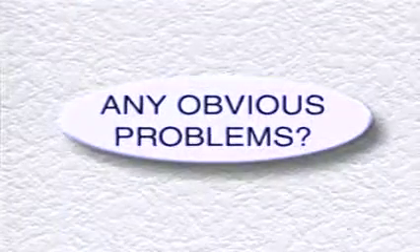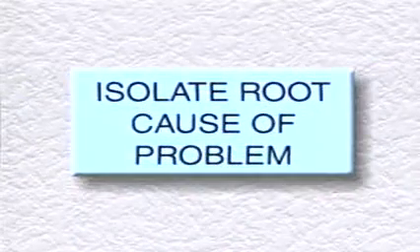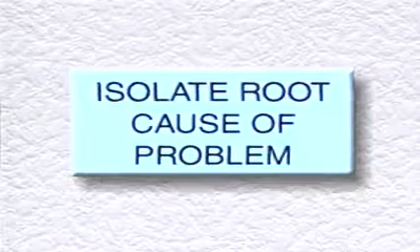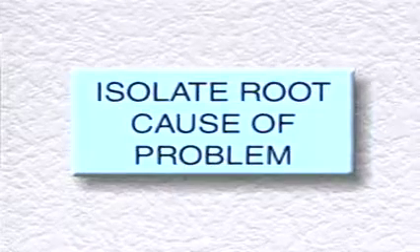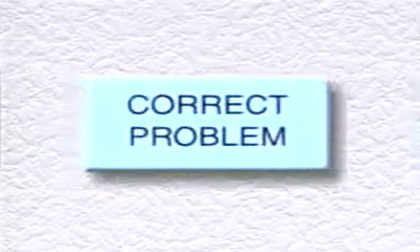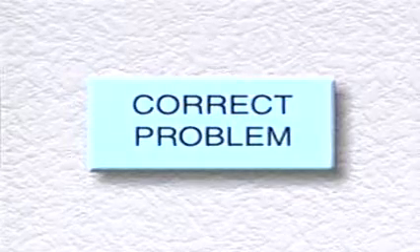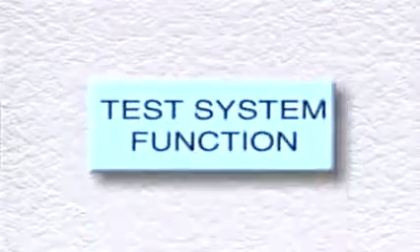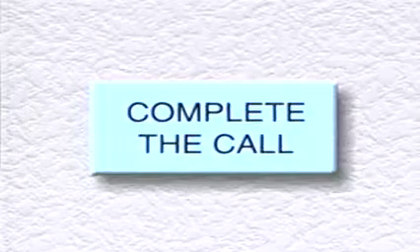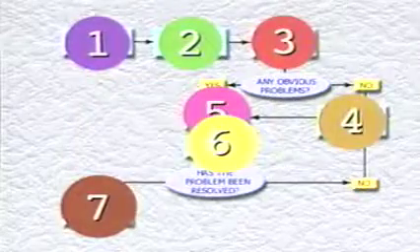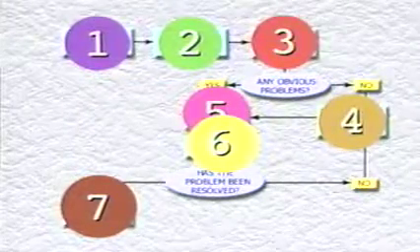If the problem isn't obvious, isolate the root cause of the problem by performing tests. Once you have isolated the problem, correct it by repairing, replacing, cleaning, or adjusting any malfunctioning components. Then, test the system to make sure it's operating properly. And finally, wrap up the service call. Now let's look at the steps one at a time.